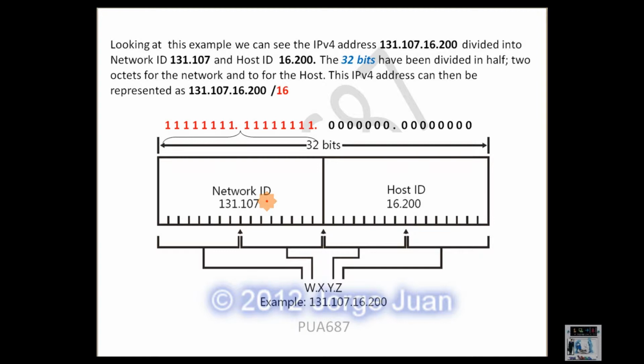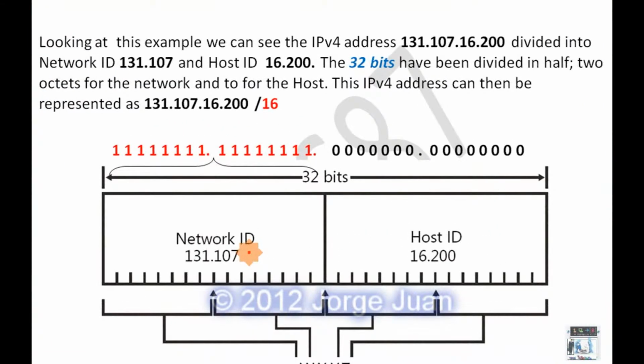The 32 bits, as you can see here, have been divided exactly in half. 2 octets for the network and the other 2 for the host. Then this IP address can be represented as 131.107.16.200/16, as you can see right here.